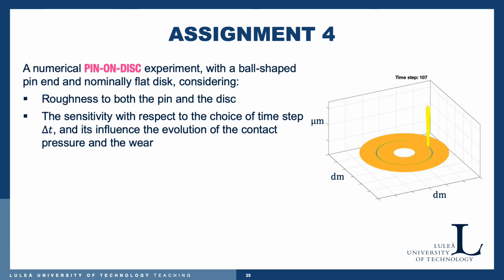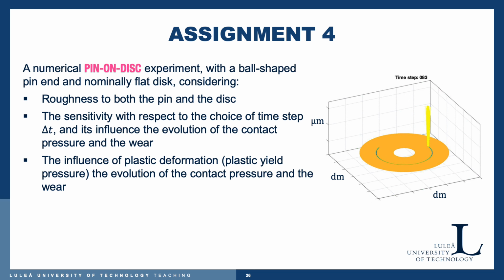And you should also study the influence of plastic deformation, in terms of the plastic yield pressure, which will be an input for your contact mechanics solver, and how that influenced the evolution of the contact pressure and the wear.